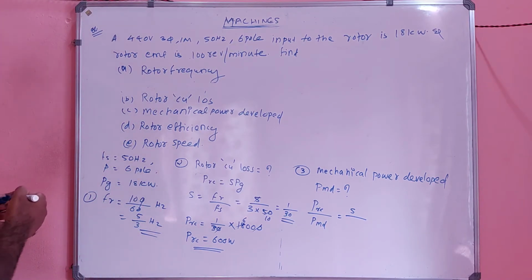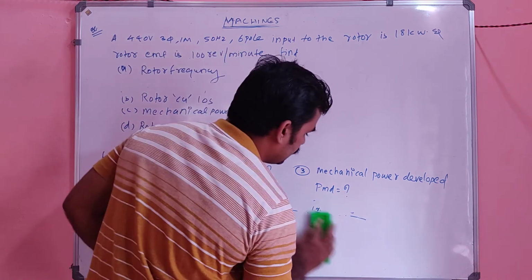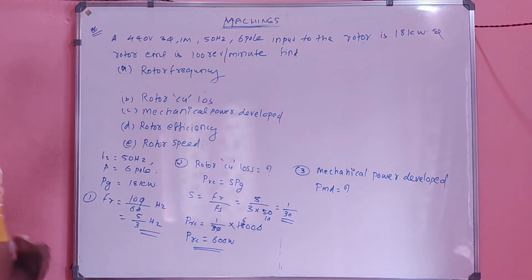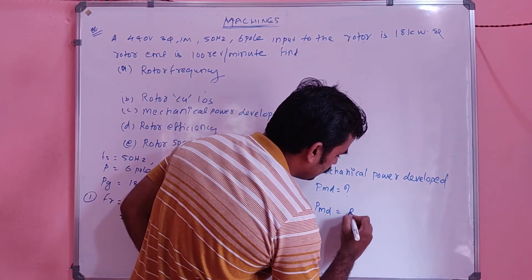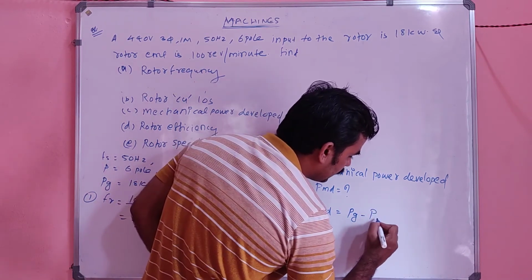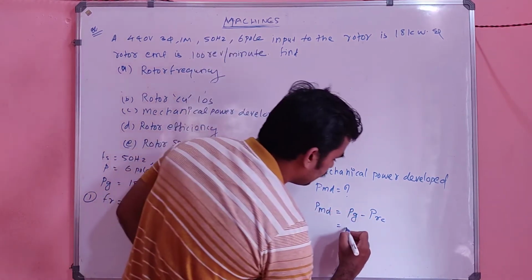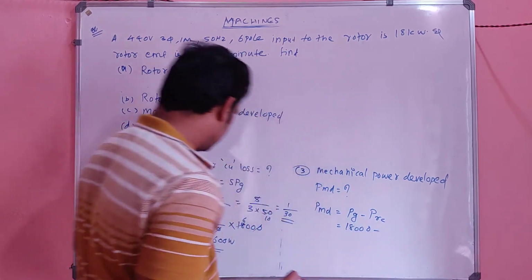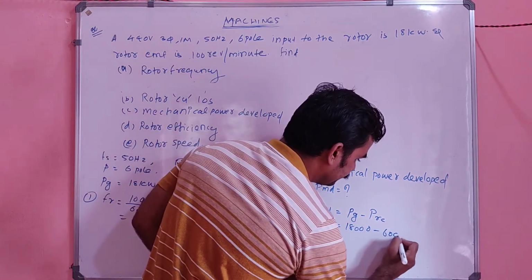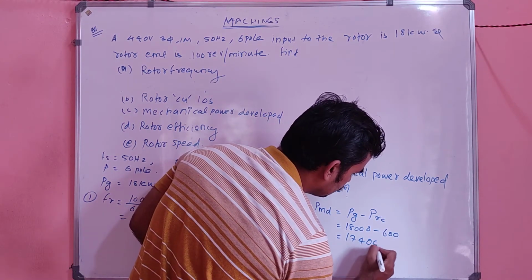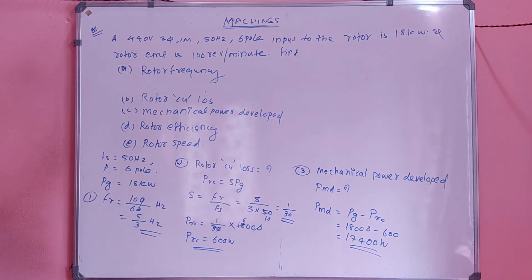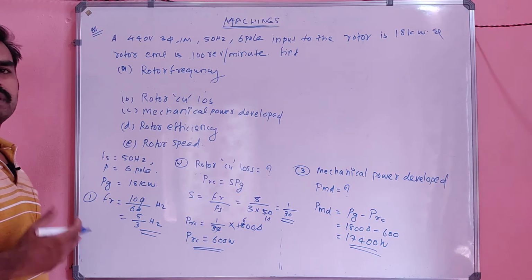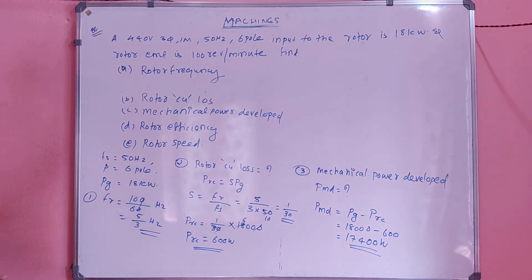Developed mechanical power is rotor input minus rotor copper loss, so it will be 17,400 watt. Or you can go for PRC by PMD equal to S divided by 1 minus S. That also you can use, no issue. Anyway you can do.